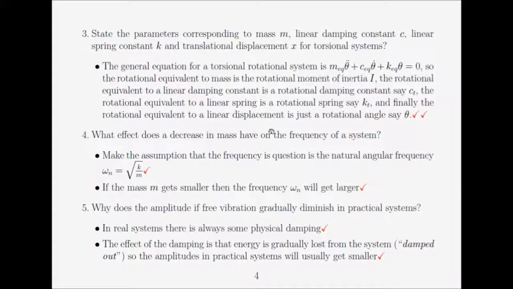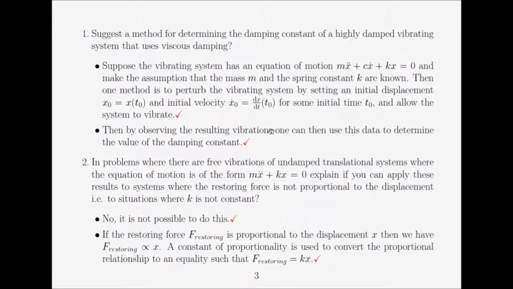The question states, state the parameters corresponding to mass, linear damping constant C, linear spring constant K, and translational displacement X for torsional systems. So let's go back to the underlying equation of motion. At the top of the page, the equation is m x double dot plus c x dot plus k x equal to 0.